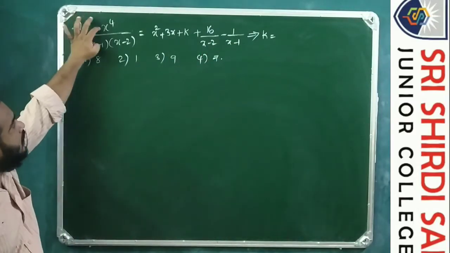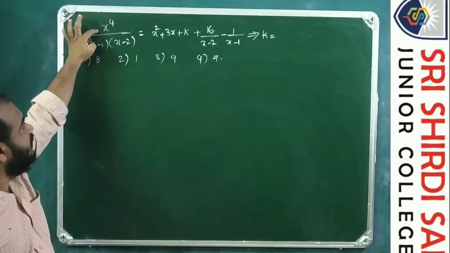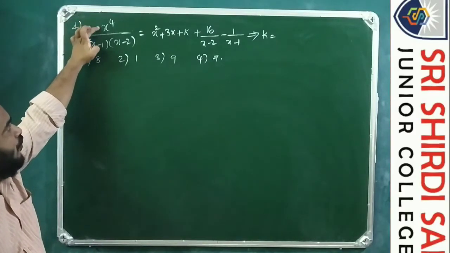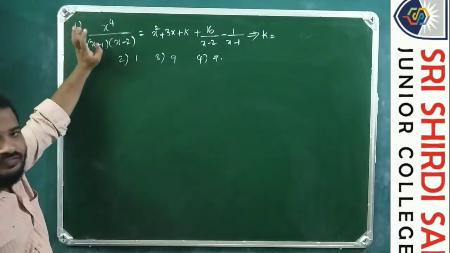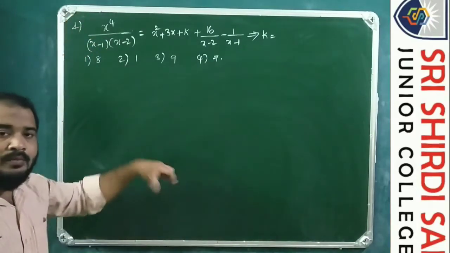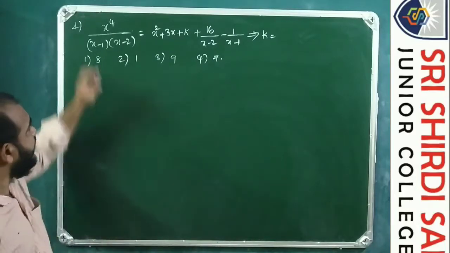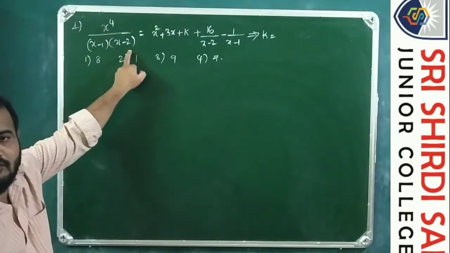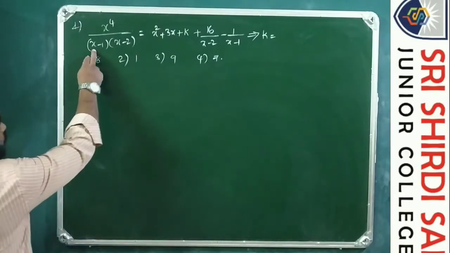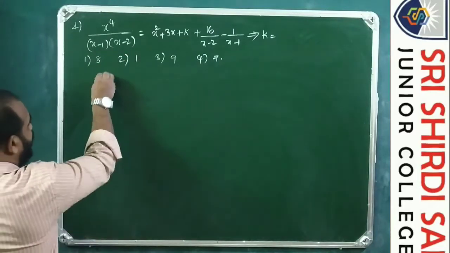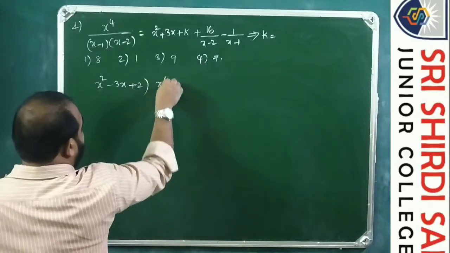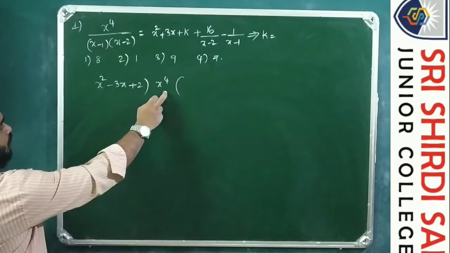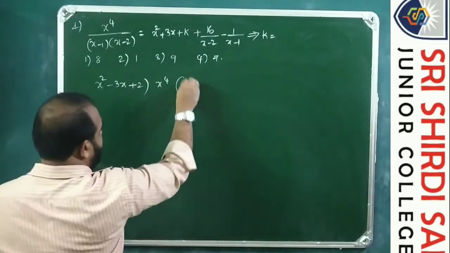So this is an improper fraction, with the degree of f of x being 4 and the degree of denominator being 2. So for an improper fraction, first we need to convert it into a proper fraction by dividing x power 4 with the help of the denominator. So x minus 1 into x minus 2 is x square minus 3x plus 2, with x power 4. x power 4 by x square is x square.